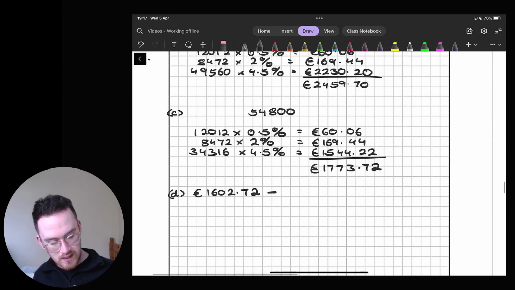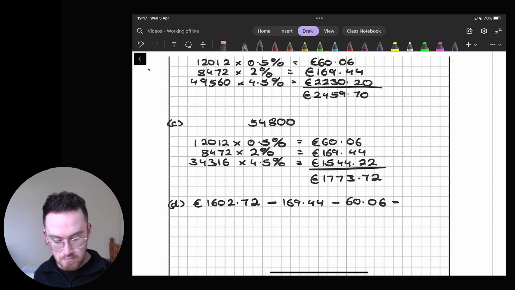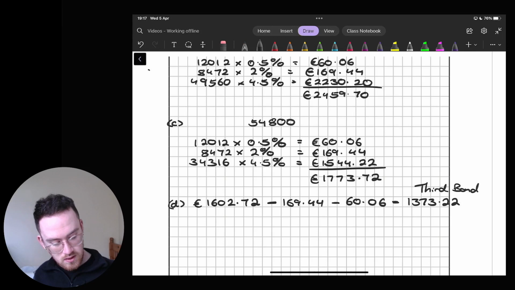Let's take away the 169.44, and let's take away the €60.06, because those are the first 2 bands, if you like, of USC, and she's definitely paying those. So we want to see what's left. 1,373.22, and this is the third band, and the third band is 4.5%.